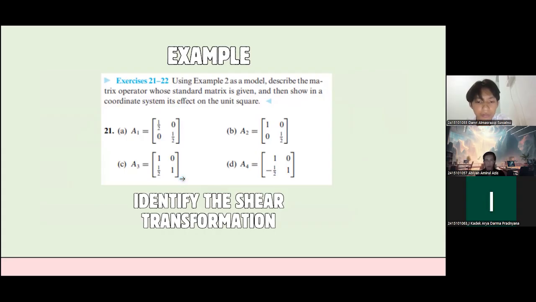It will shift the point vertically, parallel to the y-axis, where the displacement is proportional to the x-coordinate. And A4 also matches the form of vertical shear with k equals -1/2. It is the vertical shear in the opposite direction compared to A3.